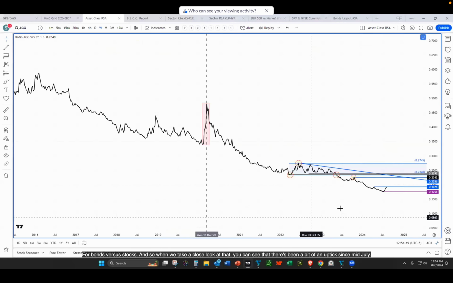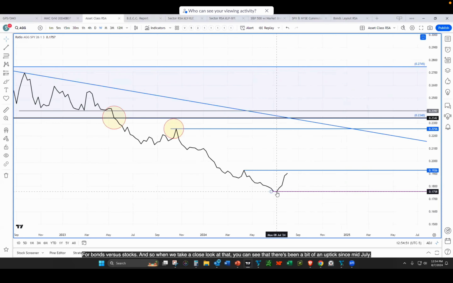And so when we take a close look at that, you can see that there's been a bit of an uptick since mid-July. It shouldn't be surprising. We have seen that the bond market has been trading higher over the course of the last few weeks. It's actually broken out of some key levels that we'll look at here in just a moment. But the other part of this is that the longer term trend is still down.